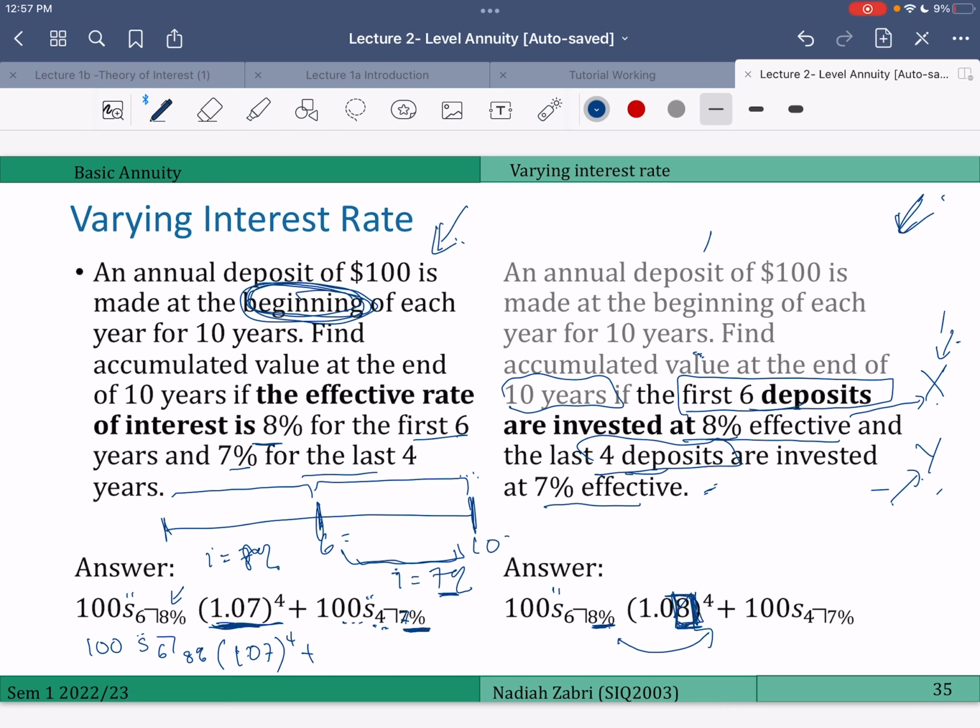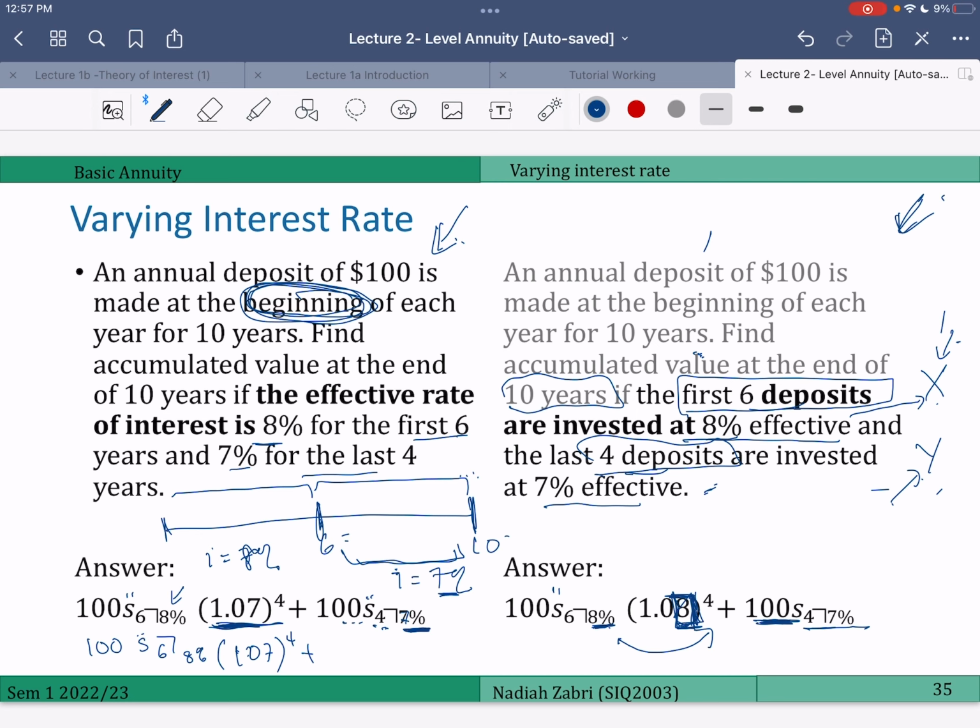So the fund X interest rate is 8%, not 7%. And then the last 4 deposits are invested at time 7, 8, 9, 10. So it will be evaluated at time 10, so we don't need to accumulate it further because it's already evaluated at time 10.